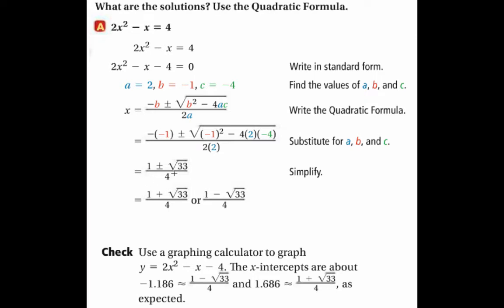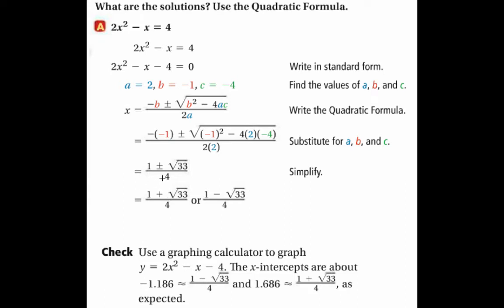Now, we're not going to use our calculators here to calculate this radical. So we're going to simplify this radical if we can. And remember, the way we do that is we try to break up that number 33 into a factorization of a perfect square number and a non-perfect square number. But 33 is not divisible by any perfect square numbers, like 4, 9, 16. So this cannot be simplified.